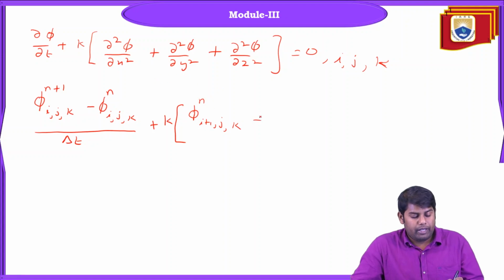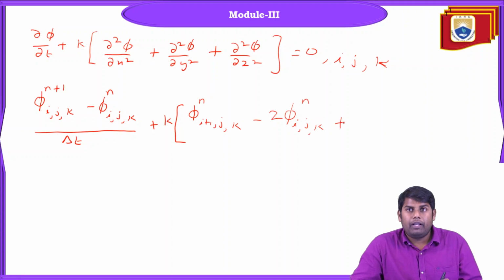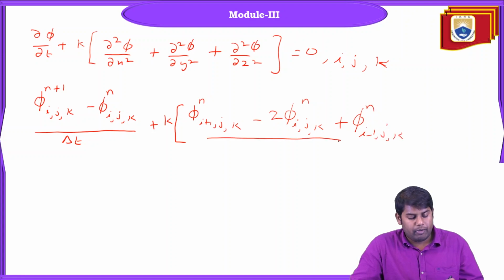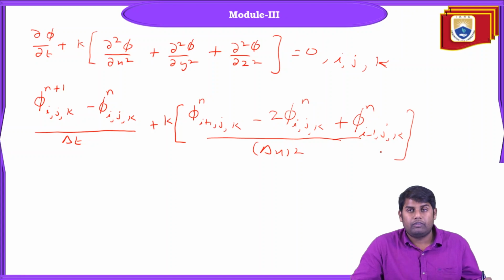Okay, minus 2 of phi of i, j, k to the power of n plus phi of i minus 1, j, k to the power of n divided by delta x square. So this is what we have.